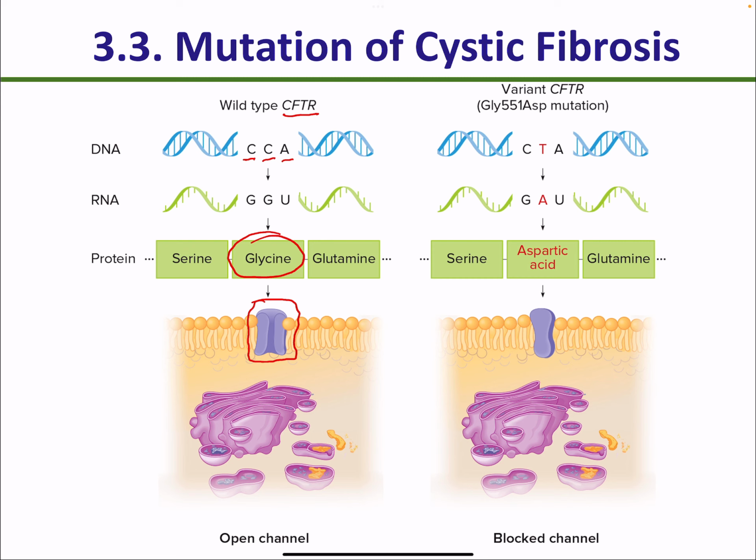However, when the CFTR gene is mutated, in this particular instance, C is replaced by T. The consequence of that in the messenger RNA is that we're going to have GAU instead of GGU.